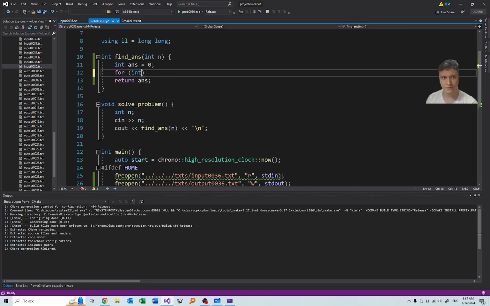To do it, we go through all numbers which are... How do I want to do it?